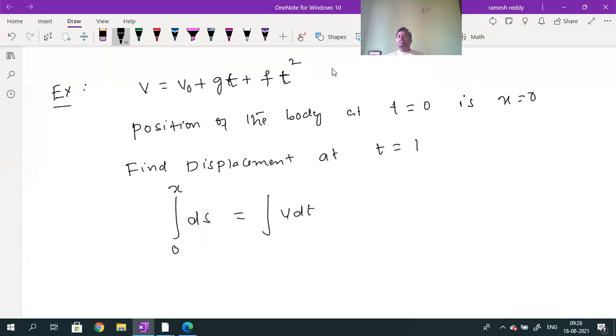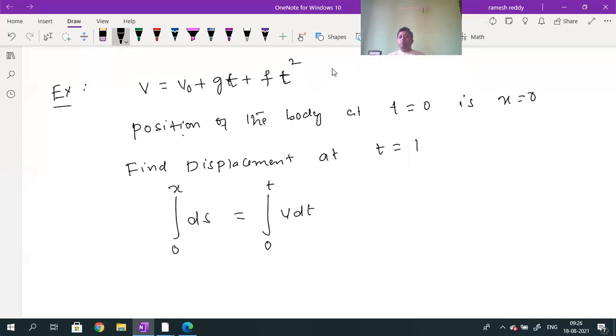Integrating velocity with respect to time: what is the initial time value? 0. What is the final time value? t. Now it becomes a definite integration. 0 here is the lower limit and x here is the upper limit; 0 here is the lower limit and t here is the upper limit. How do I know the initial displacement is 0?